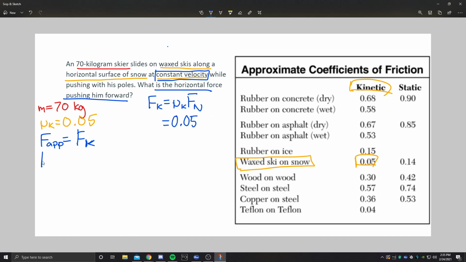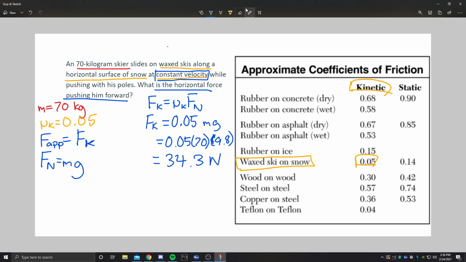And what is normal force equal to? mg. Solve it, and then you get this. And so your applied force is equal to 34.3.